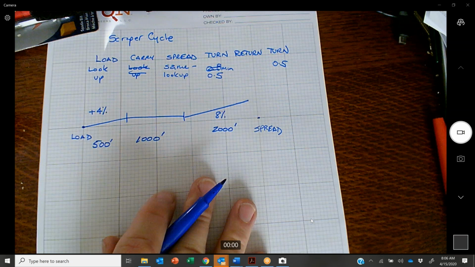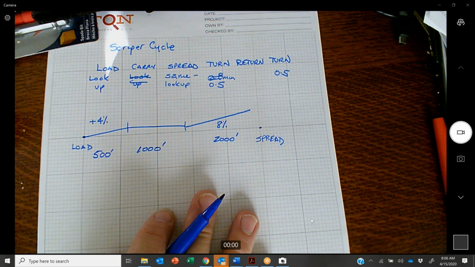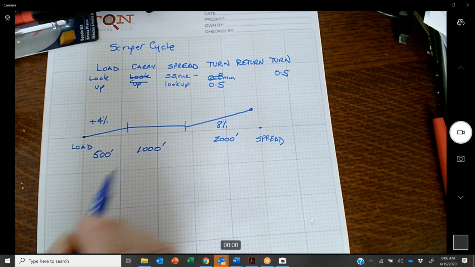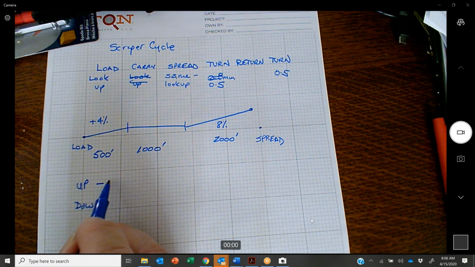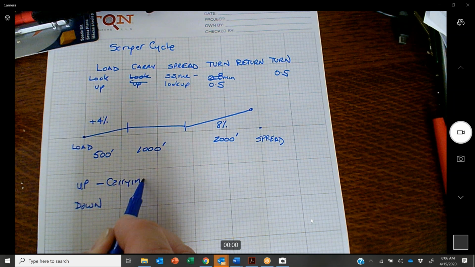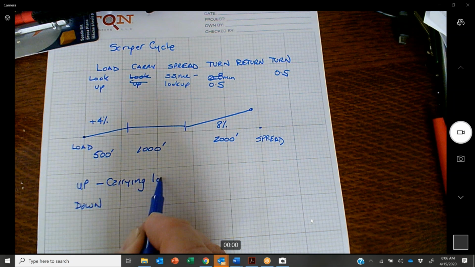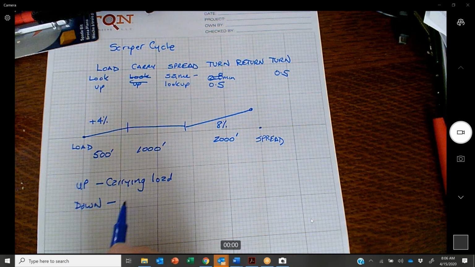So this would be our total path. When we're going up, that would be carrying load, and down would be unloaded.